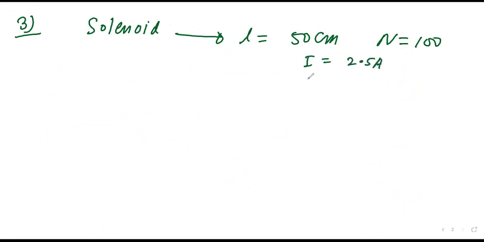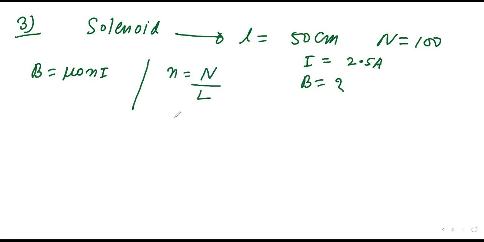We have to find the magnetic field B. So see the explanation for that. The magnetic field of the solenoid is given by B equal to mu naught n I. And we know the n relation: small n is capital N upon length, that is the number of turns per length.